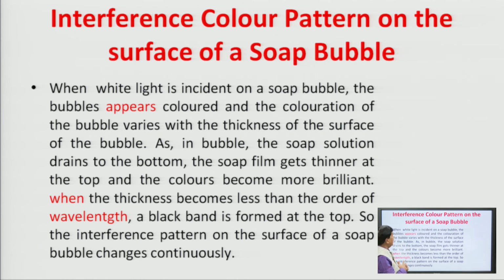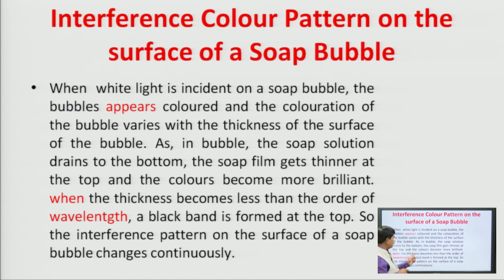Now, interference color pattern on the surface of a soap bubble. As we have seen, a soap bubble appears colored with an extended source of light, and the color changes rapidly. Why does the color change rapidly? Because in the bubble the soap solution drains to the bottom.